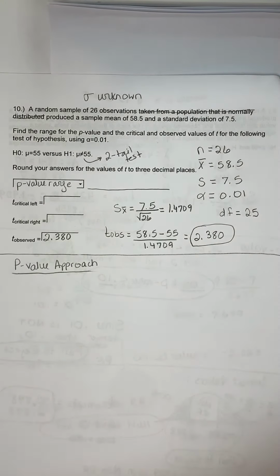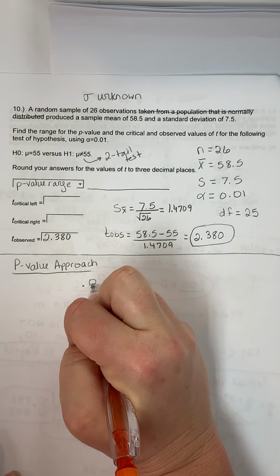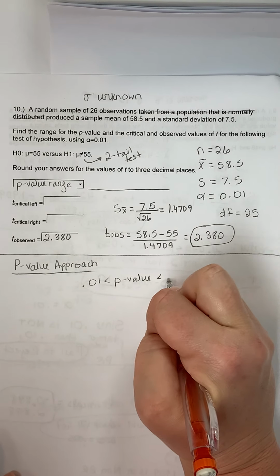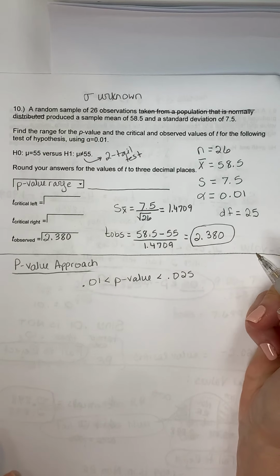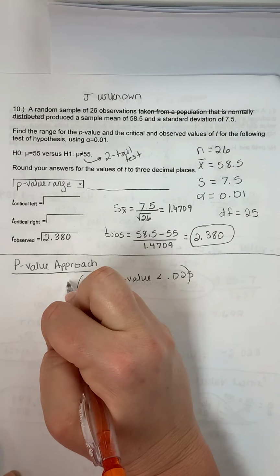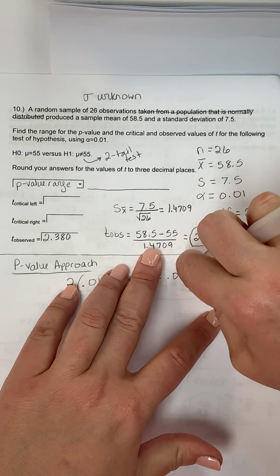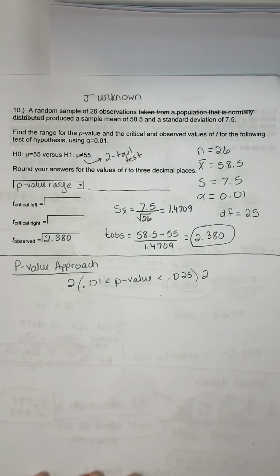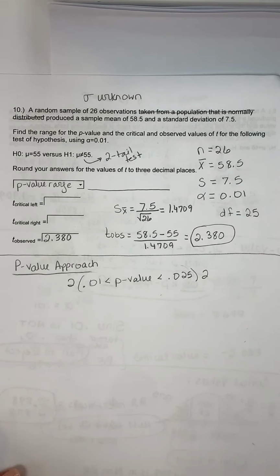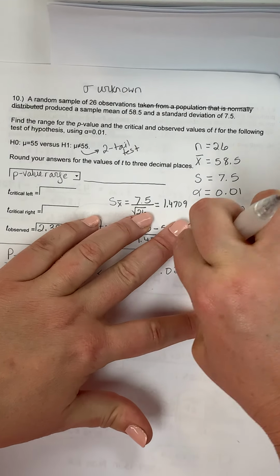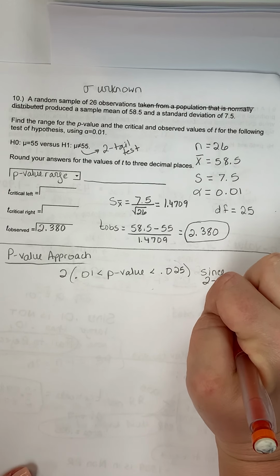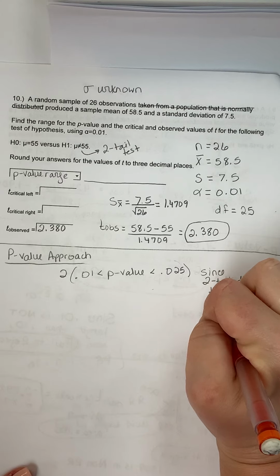So it's going to be between 0.01 and 0.025. But remember, it's a two-tailed test, so I have to multiply both of those values by 2, since it's a two-tailed test.